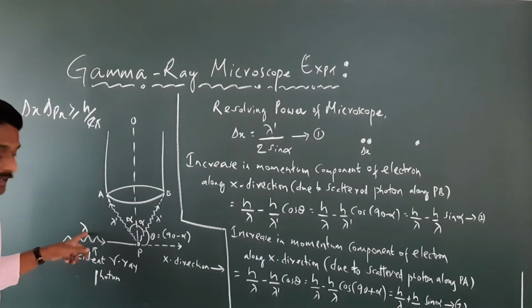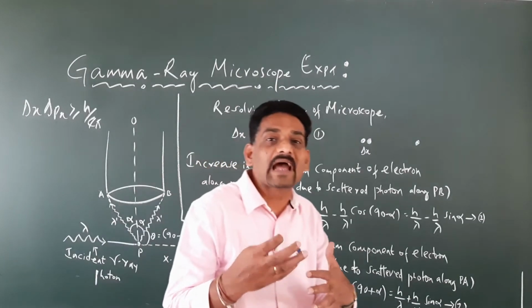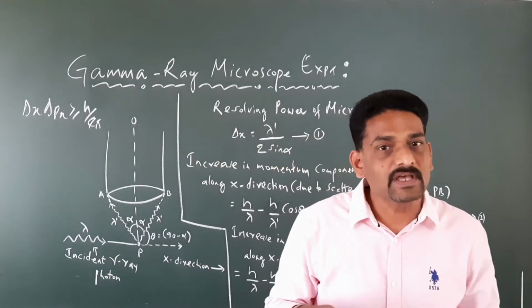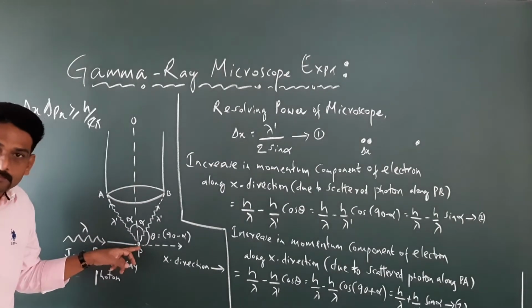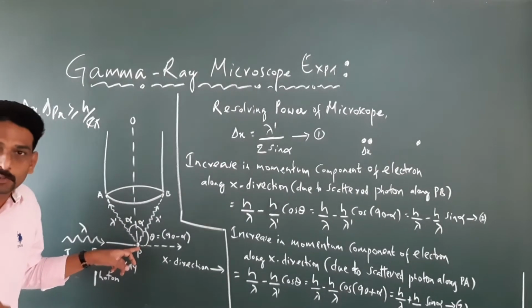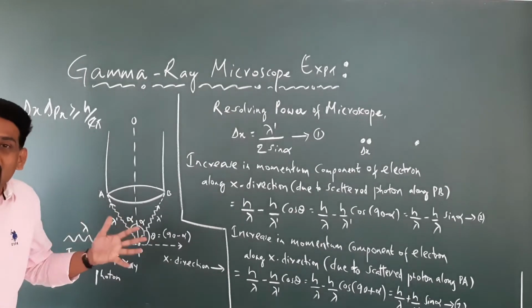So the interaction of the gamma ray and the electron involves the Compton scattering effect. Here an incident gamma ray is interacting with the electron, of which we want to find out the position and momentum. When this collides with this, there is going to be Compton scattering.